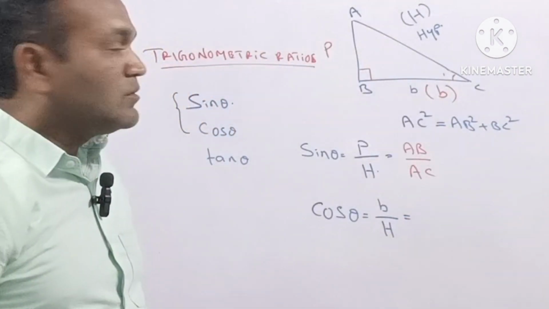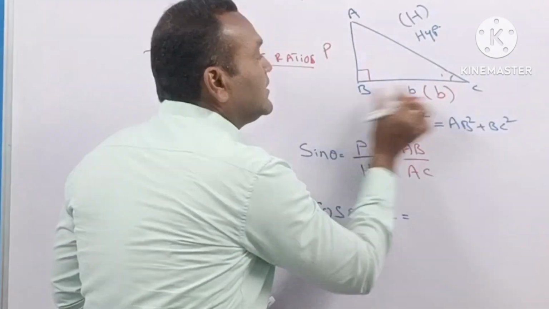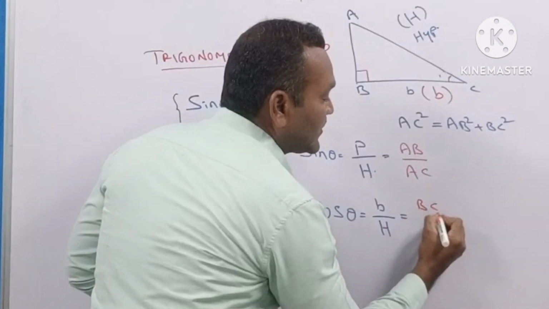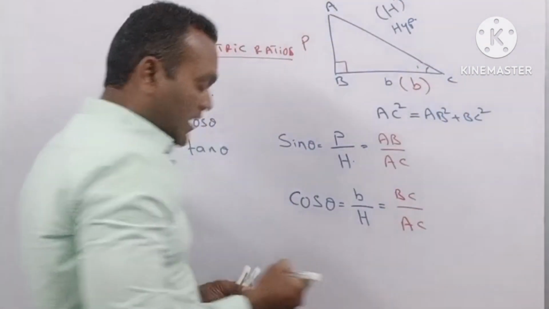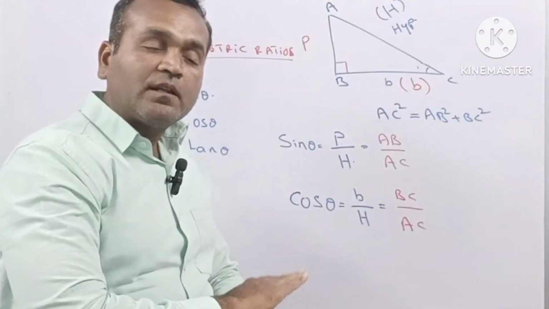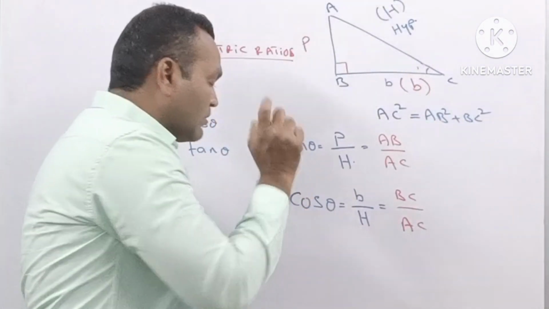Or in another way, the side BC upon hypotenuse AC. If you just remember these two things, then everything is easy. You just have to memorize these two formulas.